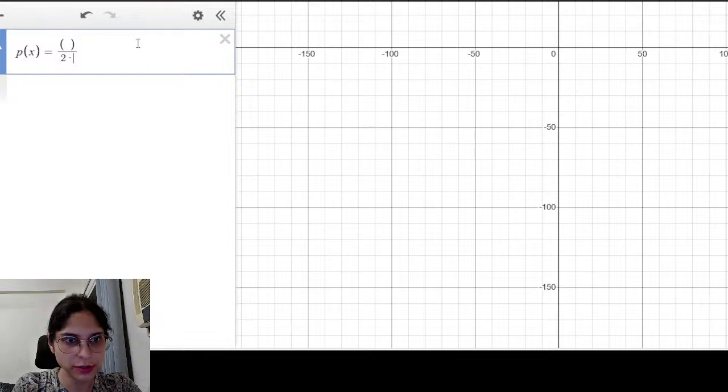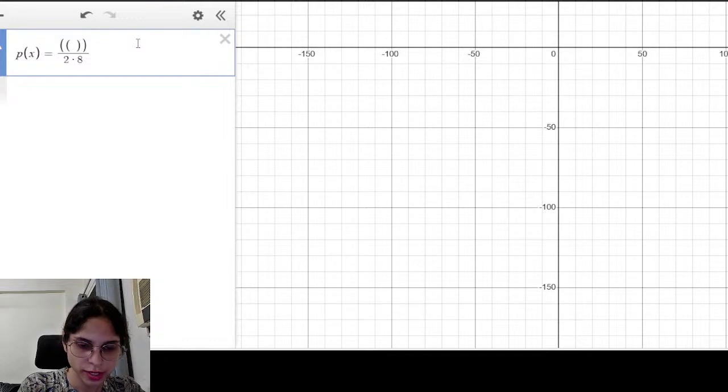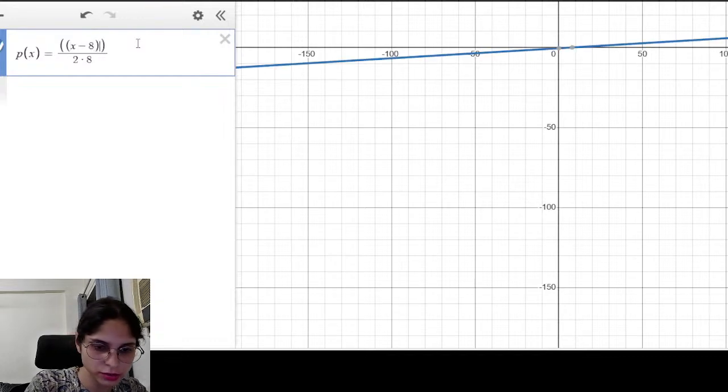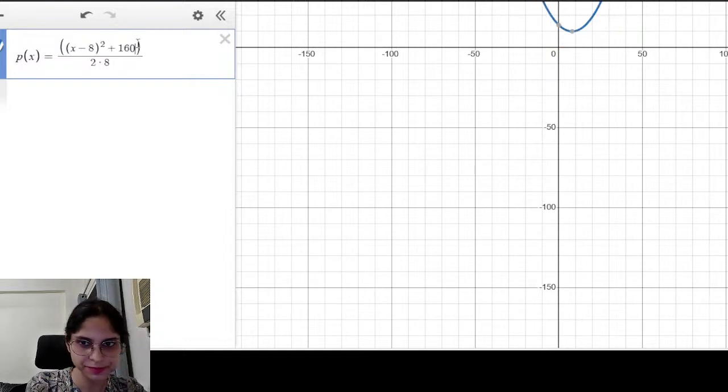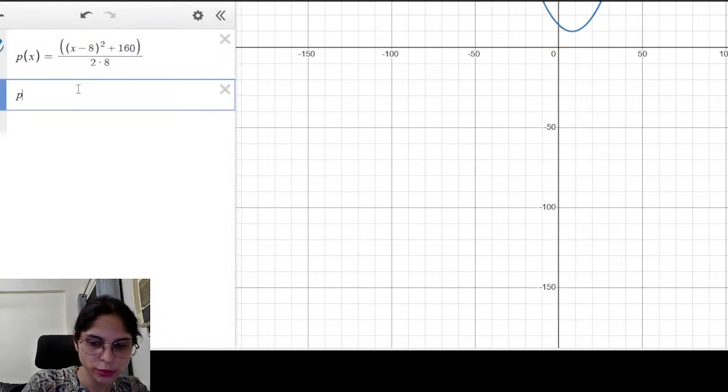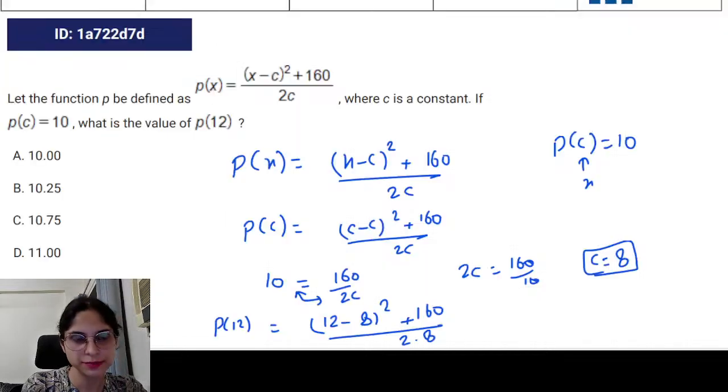You will have to find the value of c, there is no way around it. And you want p of 12, so you just write p of 12. Answer is 11.